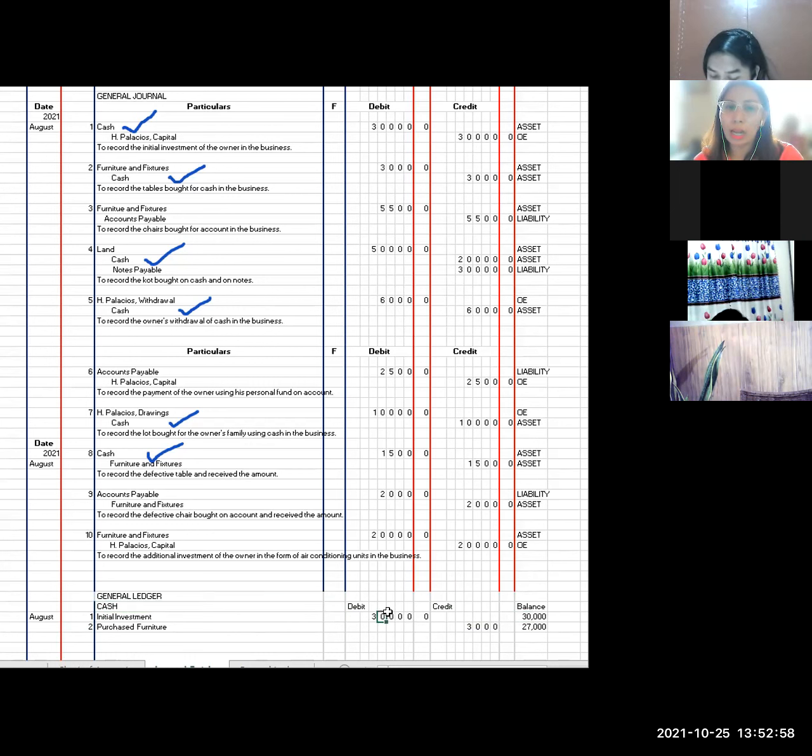Yan ka mag-start. Yung 30,000 pesos initial investment, and then a running balance tayo, meaning the balance is moving. It can increase or decrease. Okay, next.